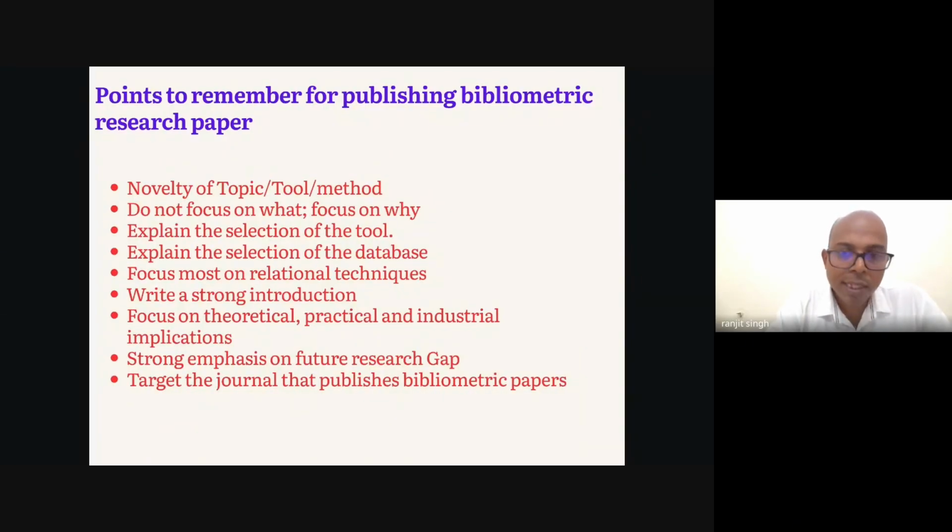So the first choice of the editor will be Ranjit, because he has published a lot of bibliometric analyses. So if you identify the expert, there is a chance that he will be the reviewer. So why not get the paper reviewed by that person or author?